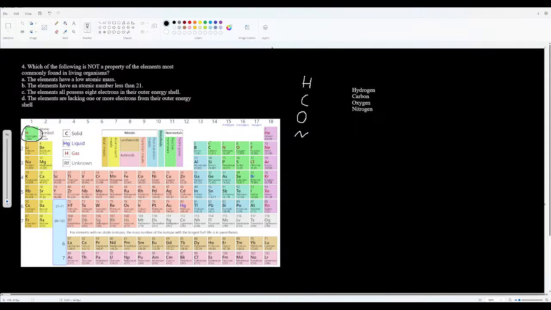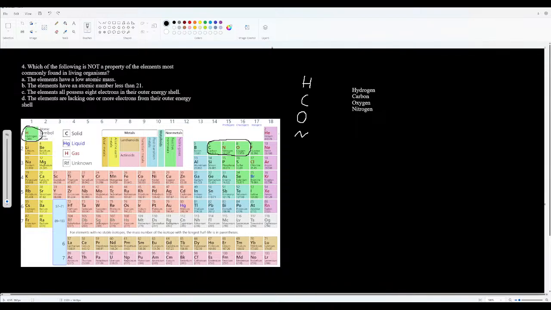We have carbon, nitrogen, and oxygen all over here. They're even in a row. How nice, right? So we don't worry about boron, beryllium, or lithium, even though we just went over lithium. These are not organic. These are not found in organisms, and not helium either, as fun as helium is.